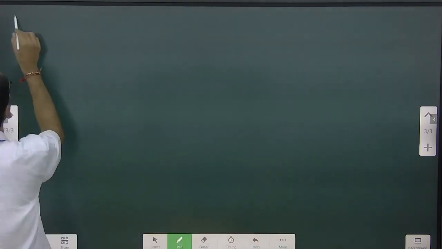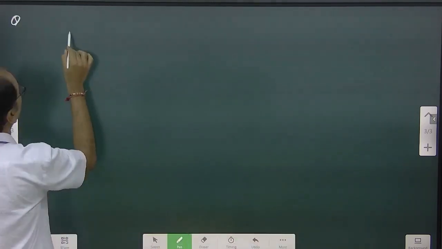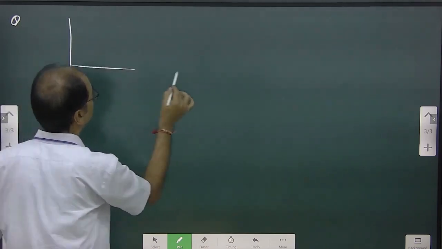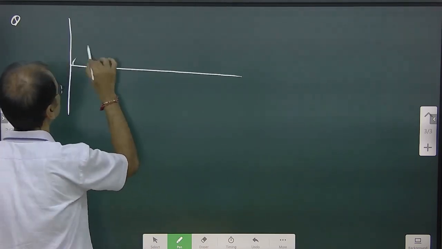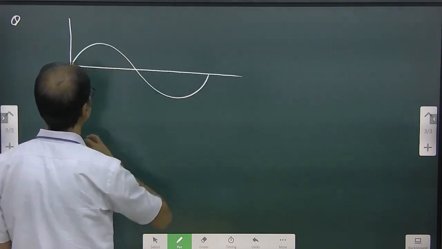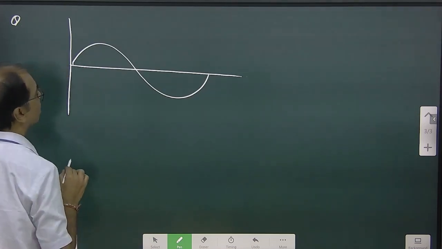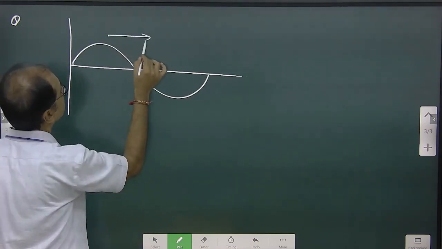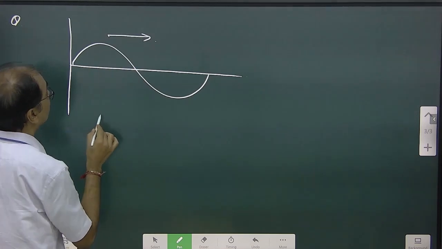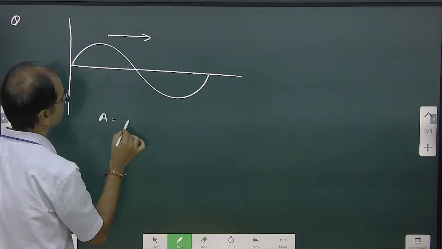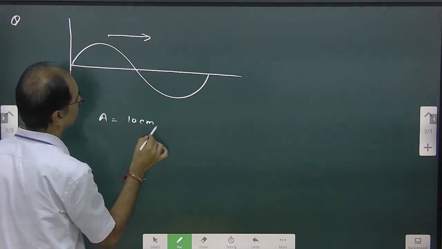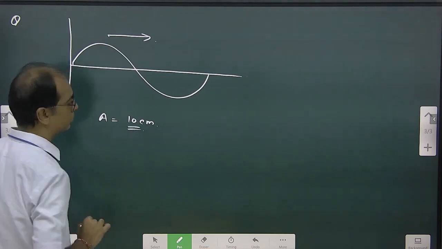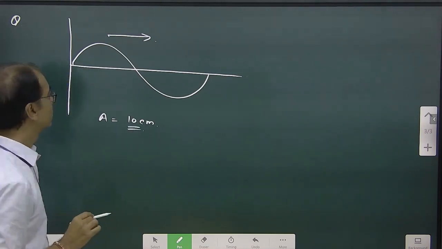See then, one wave is given. Something like this it is. Okay. It's moving along positive x-axis. Its amplitude is given to you as 10 centimeter. Okay. What is the other information?